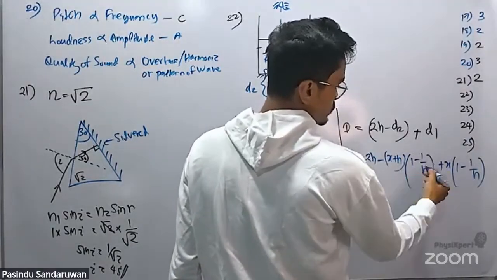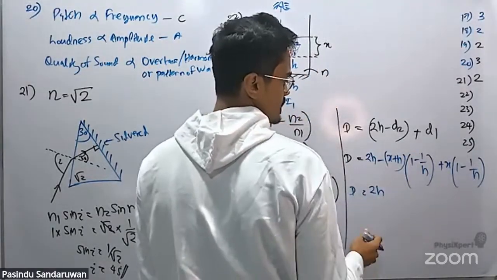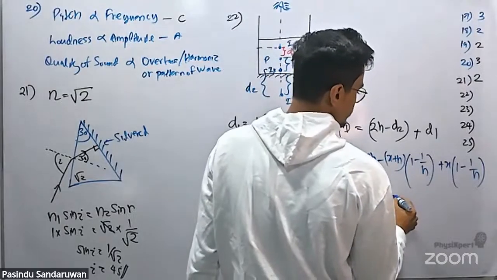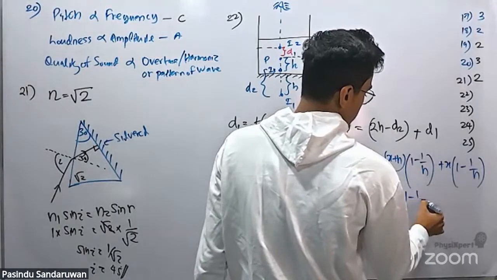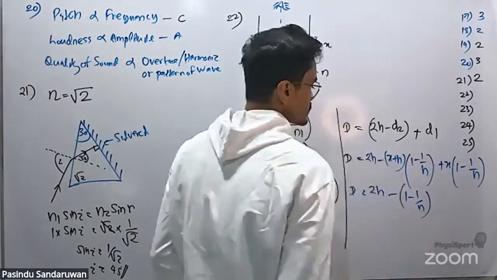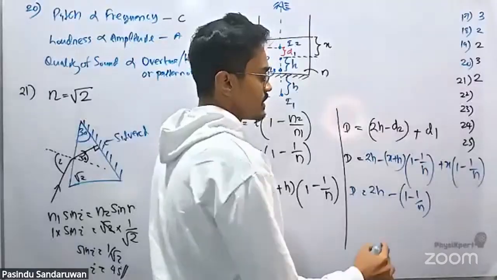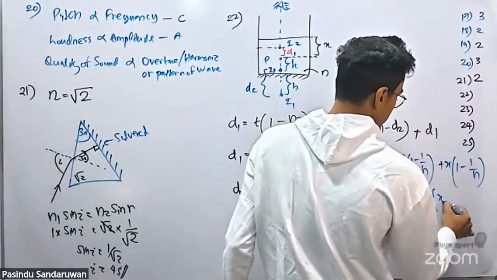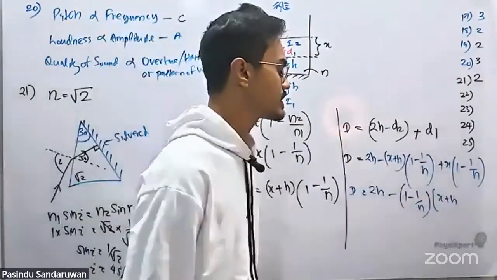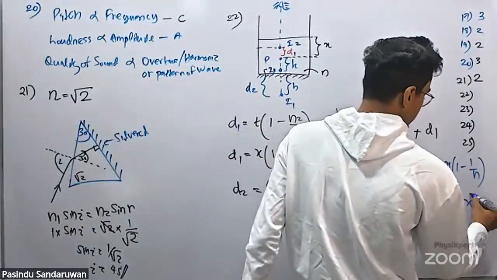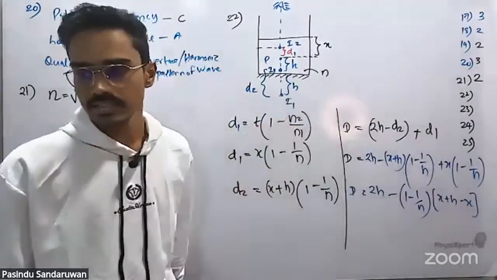Now from these two, I can see 1 minus 1 over n is common. We can take it out. So if I take minus 1 minus 1 over n out, from here what remains is x plus h, and from here minus x remains. See, x cancels.